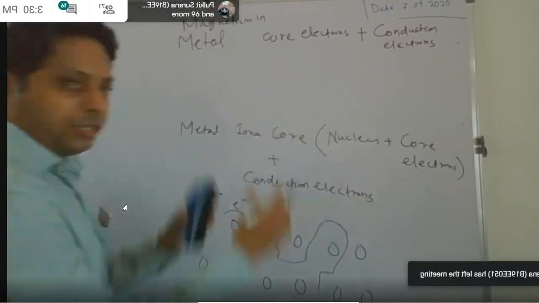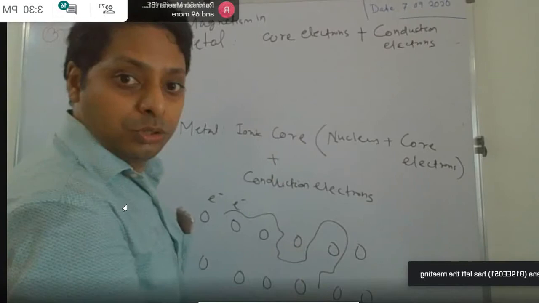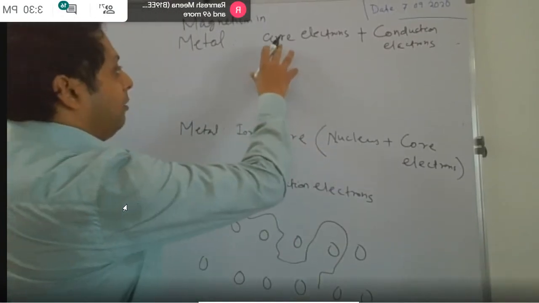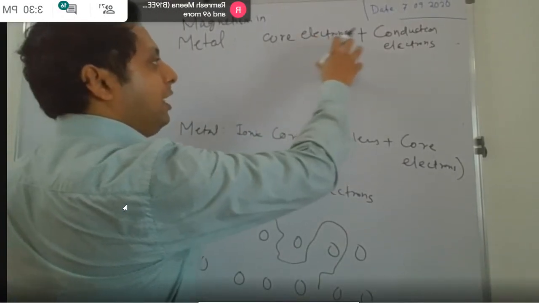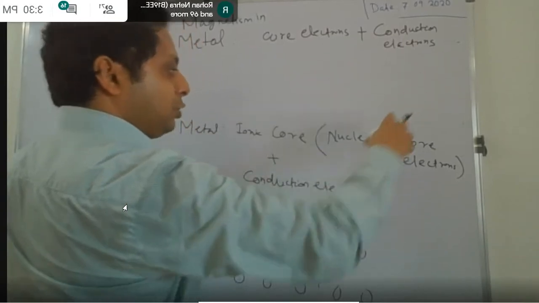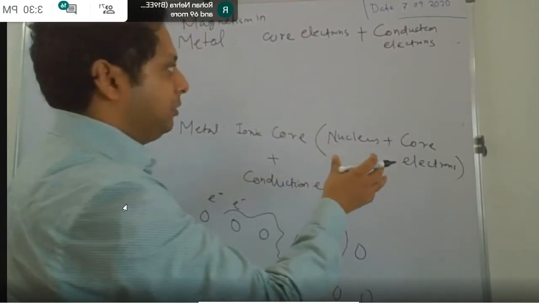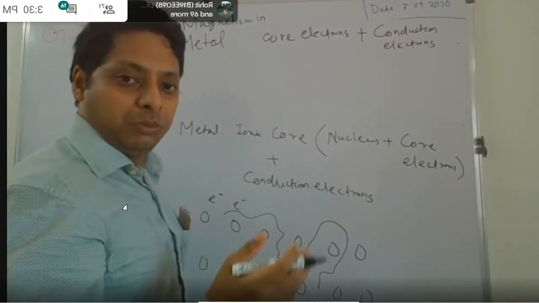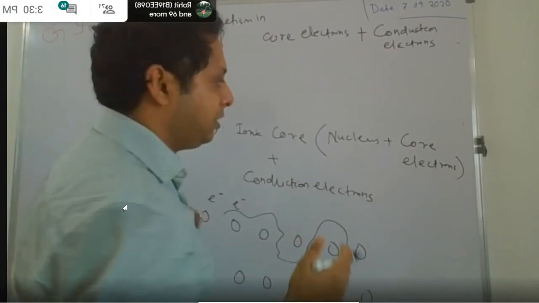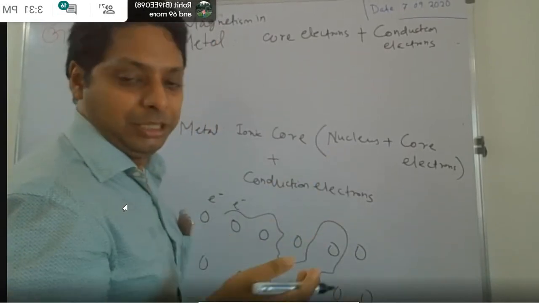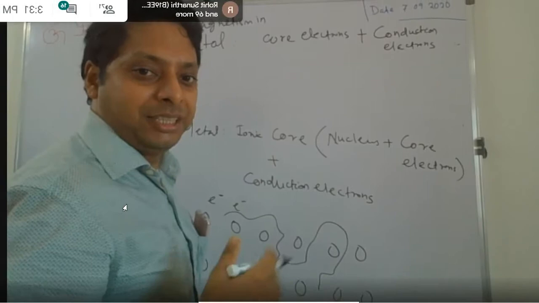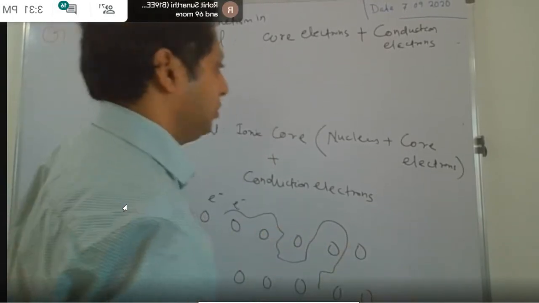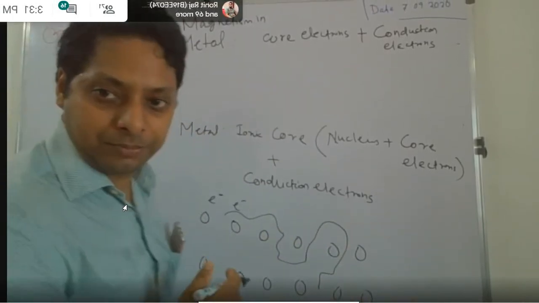So we separate these two. I neglect the nucleus because the magnetic moment of the nucleus is normally negligible. Most of the magnetic moment is due to electrons.